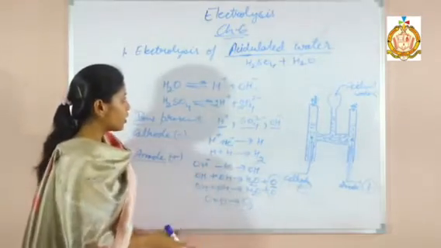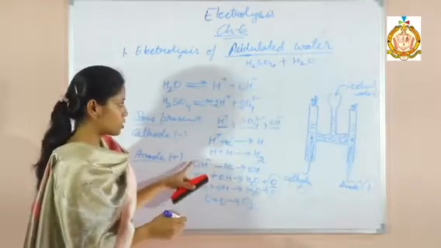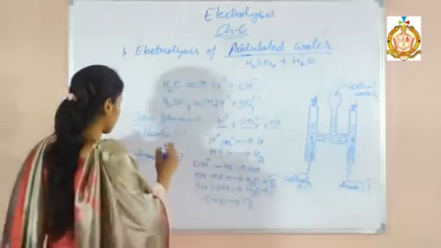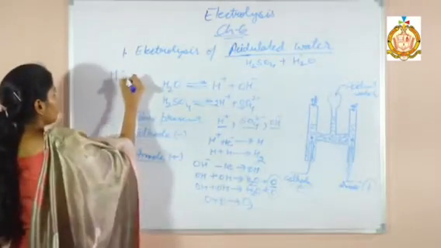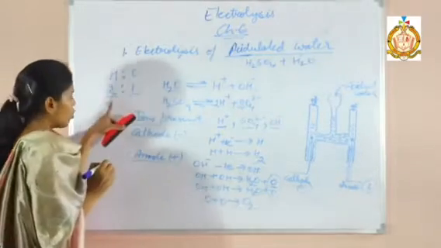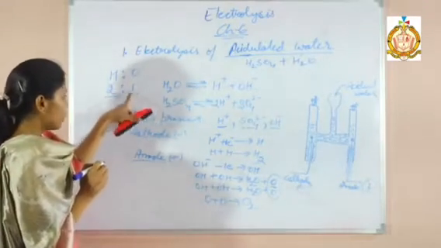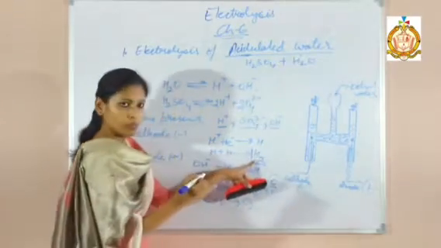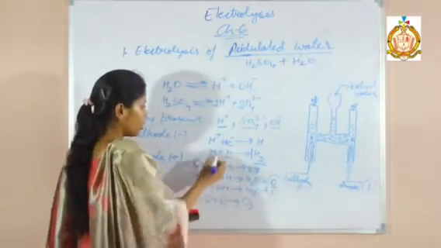Next one is why the ratio of hydrogen to oxygen gas is 2:1. You can see, to make 1 molecule of hydrogen gas, how many hydrogens are required?